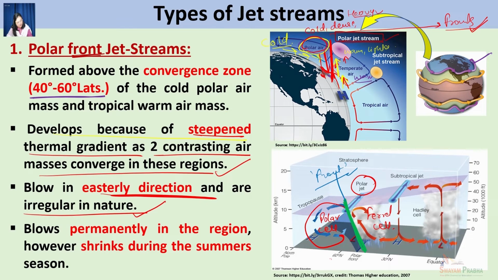And these polar front jet streams are found in the upper tropospheric regions above 40 to 60 degree latitudes in both hemispheres. And these jet streams are permanent in nature. They permanently blow in these regions. However, their intensity may reduce, their coverage also shrinks, and they are confined more towards the polar latitudes.